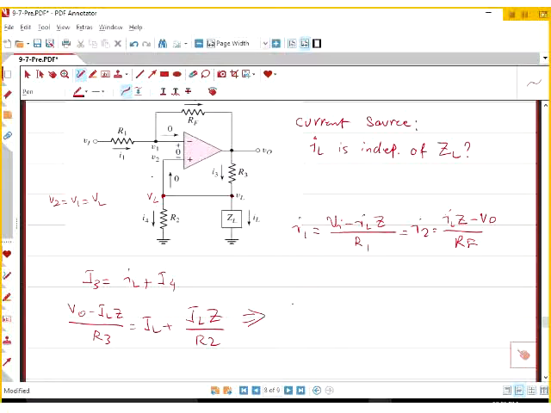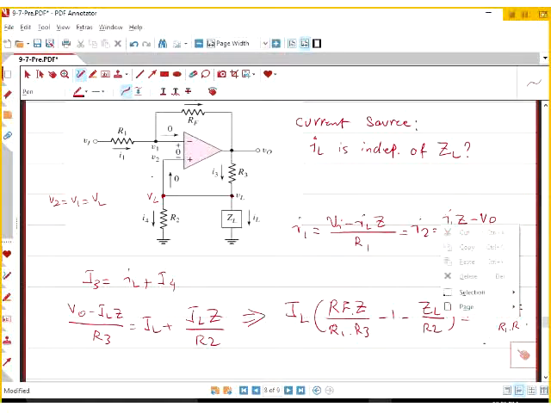Combining these equations and factoring out the IL gives you IL multiplied by ZL, times RF divided by R1 R3, minus 1 minus ZL divided by R2, equals VI multiplied by RF over R1 plus R2.